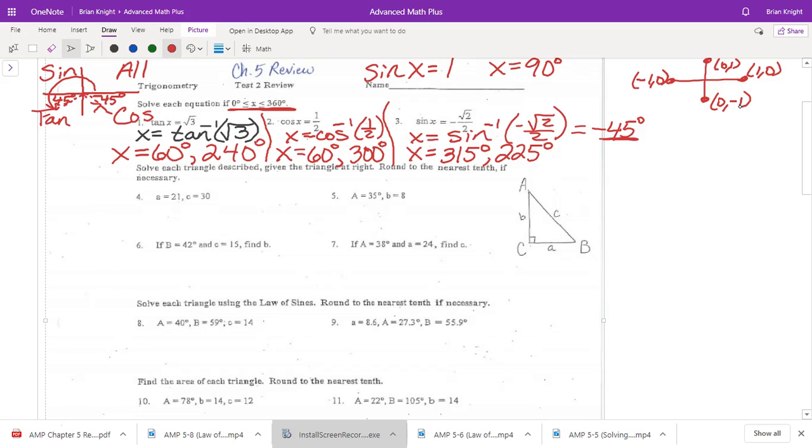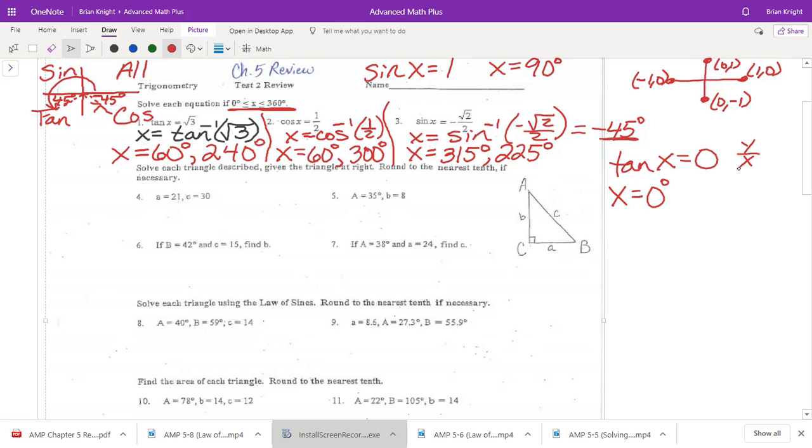But if you do, say, tangent of x equals 0, plug that in, you get 0. You do the inverse tangent of 0, you get 0. Now, let's think about it. Tangent is the last one. Do you see any other points that would give you 0?